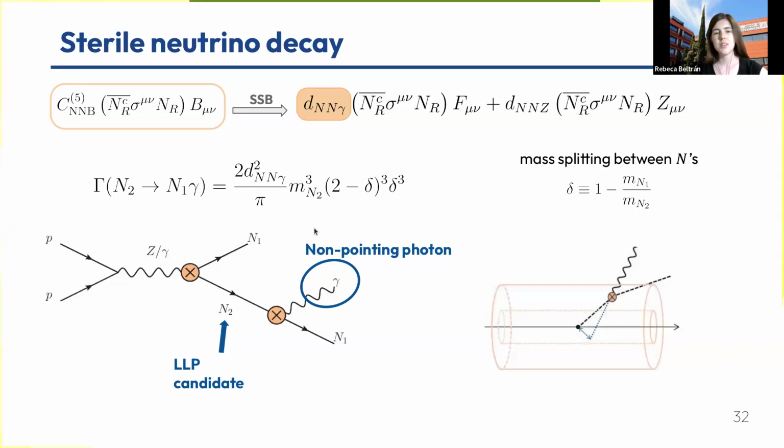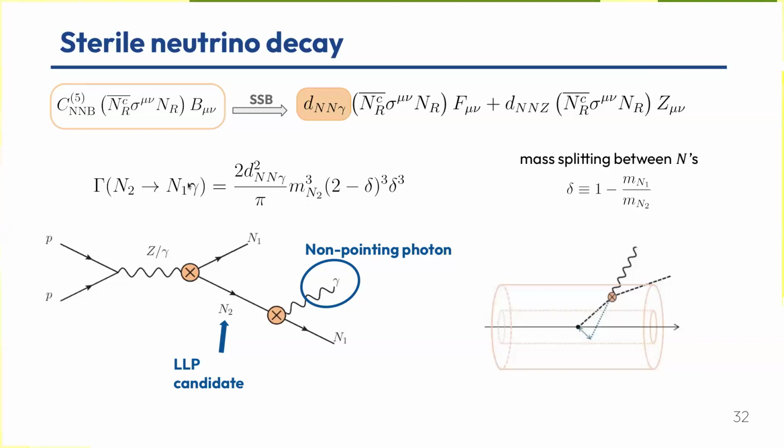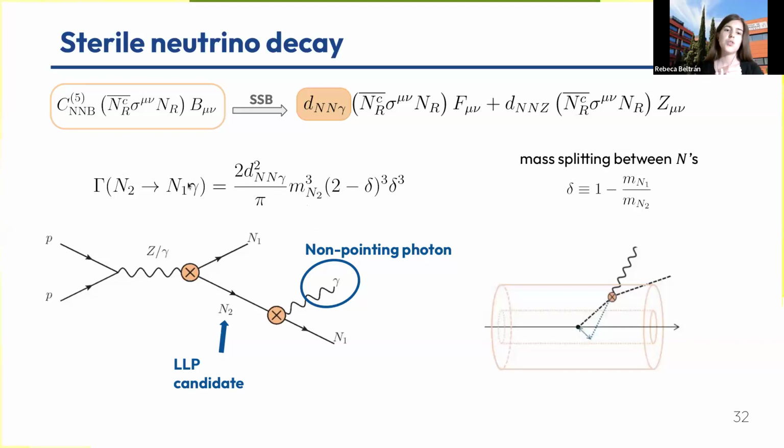So what happens is that the decay width, which ultimately determines the decay length, is proportional to the third power of the mass. So if you go to very high masses, then you have very small decay lengths. So you lose the displaced signature, let's say.